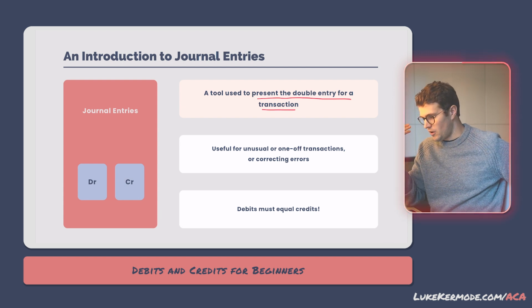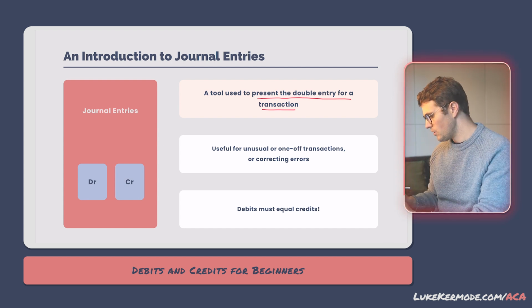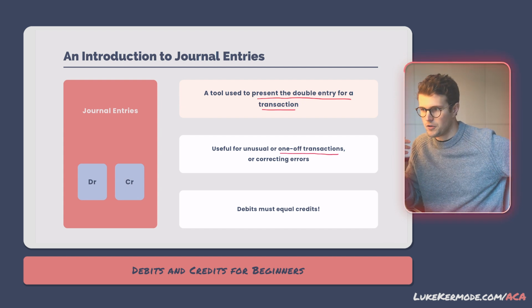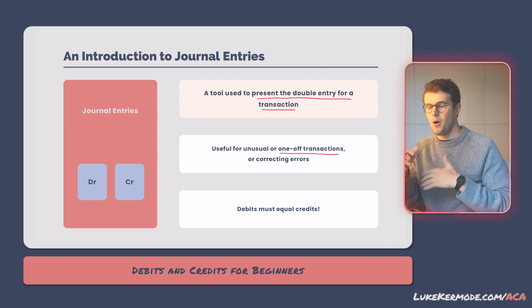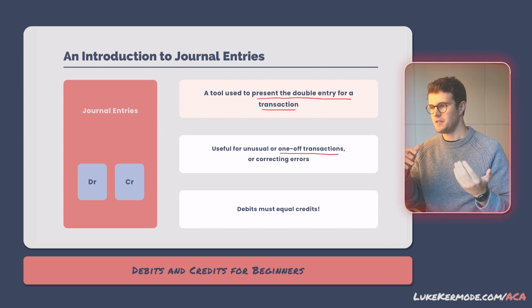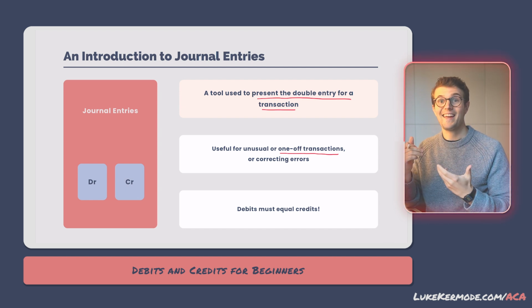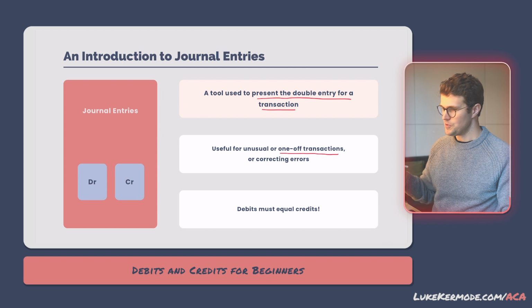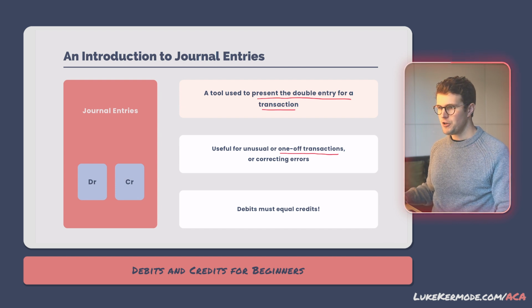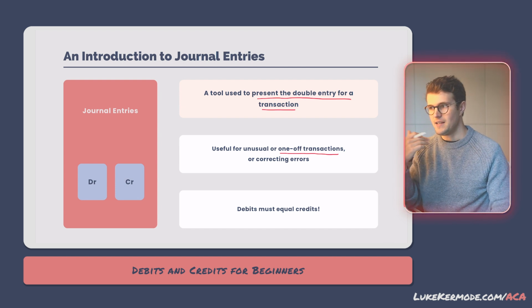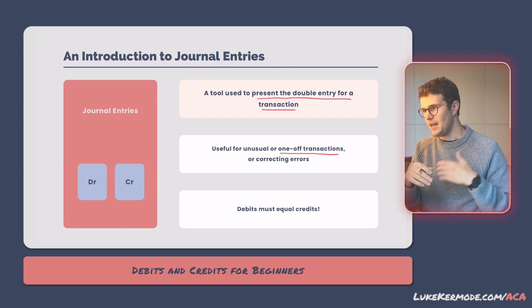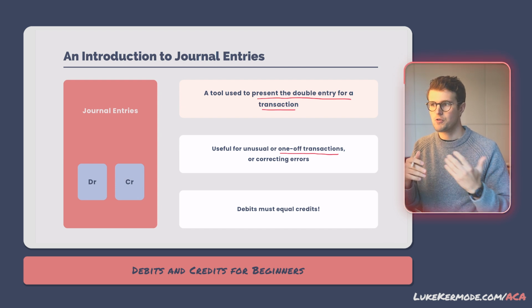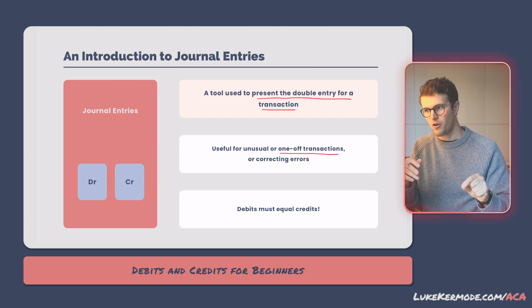So journal entries are especially useful for unusual or one-off transactions, things that may not go through the usual sales or purchase process within an accounting system, like, say, correcting an error within the accounts. So every journal entry entered into the system needs to include a narrative explanation which tells the reader the purpose of the entry and who authorised it.